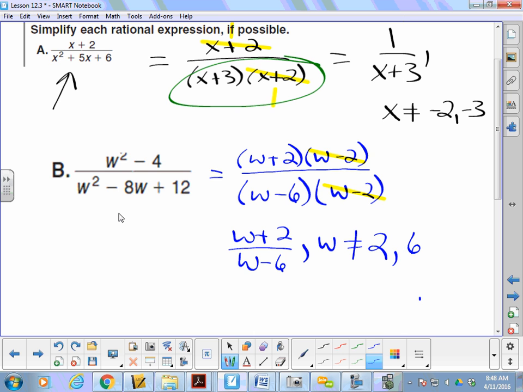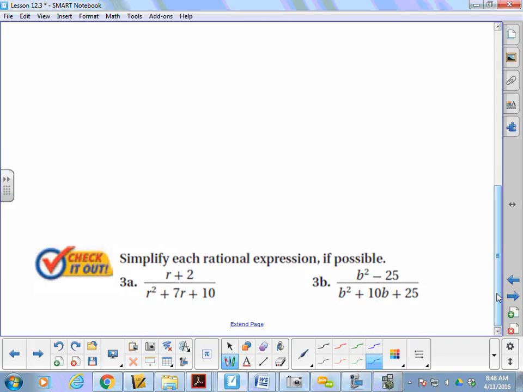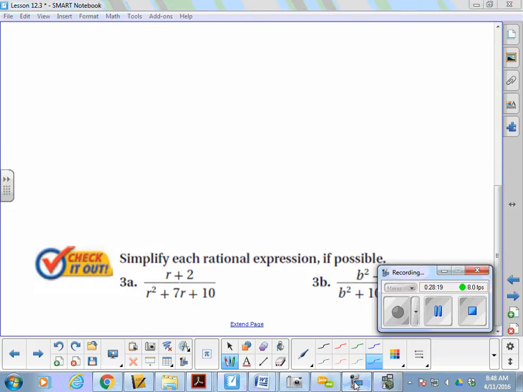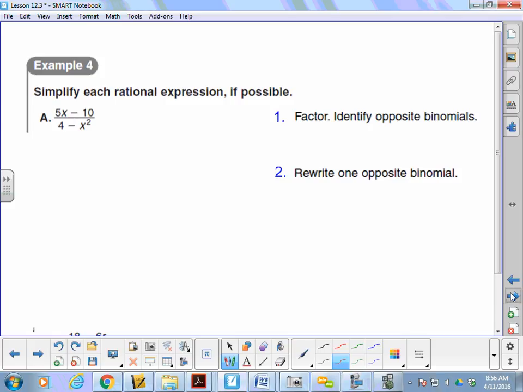All right, we got one more? All right, this is a situation where we have opposites when we're dealing with our factoring.